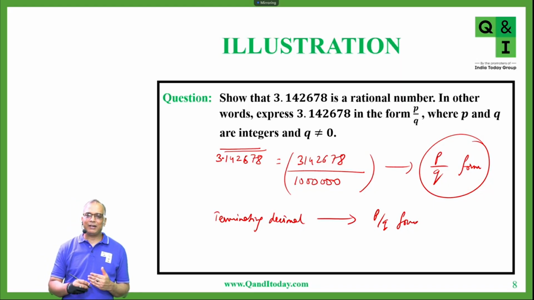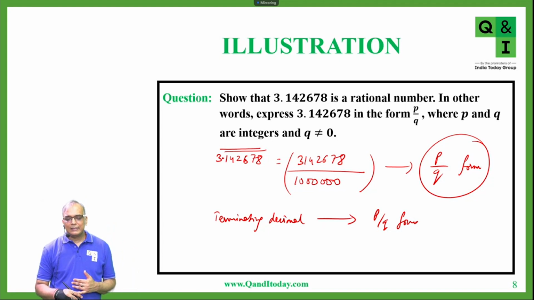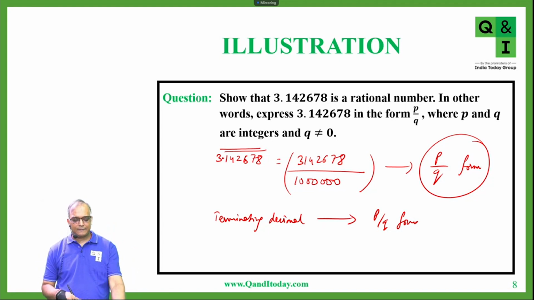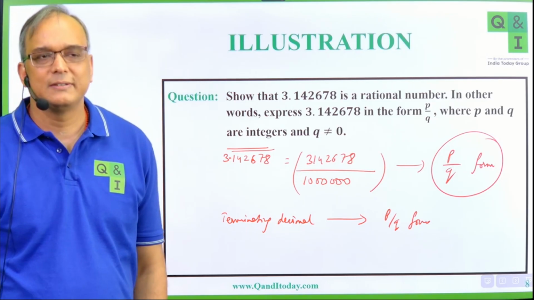So 1 and then followed by those many zeros. Is this clear? Students, is it clear? You have understood this?